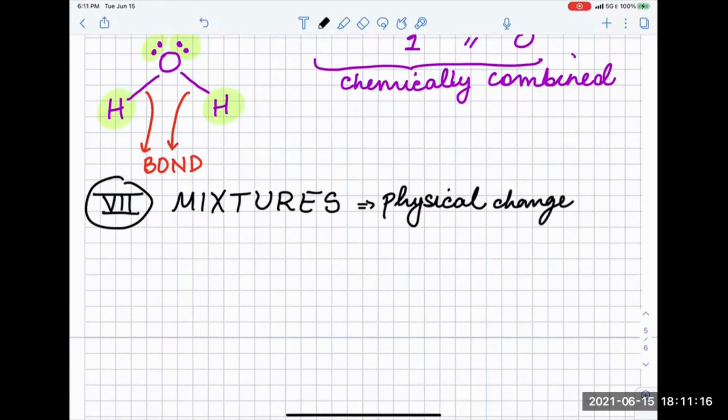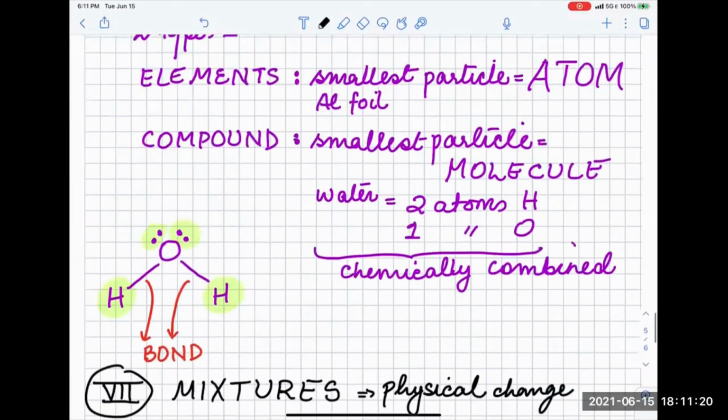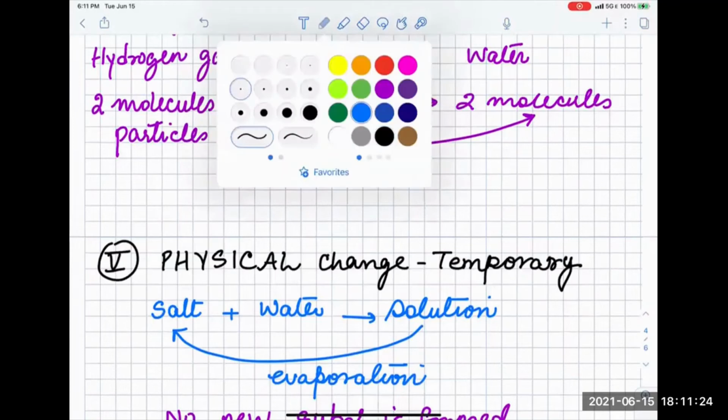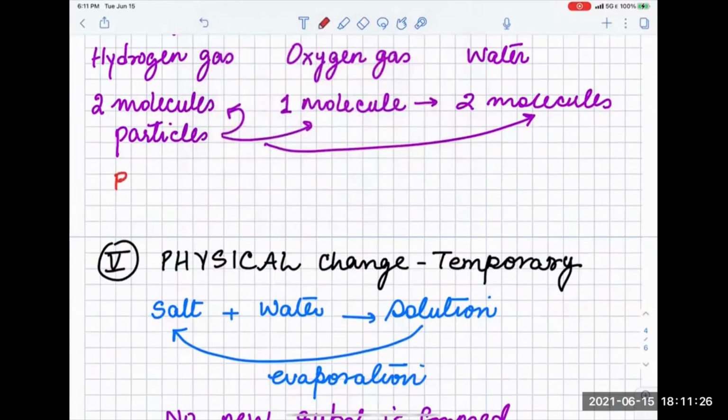Remember, in chemical reactions, the old bonds are going to break. Here, bonds break. Of which one? Hydrogen and hydrogen we talked about here.